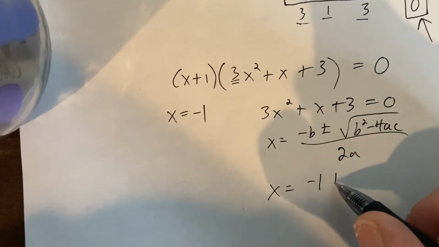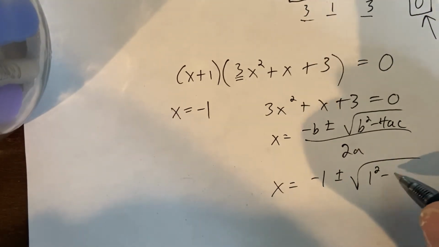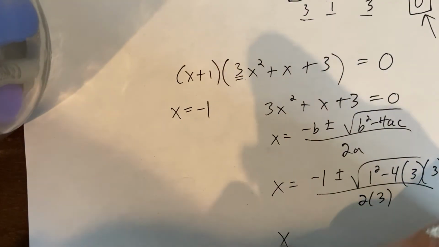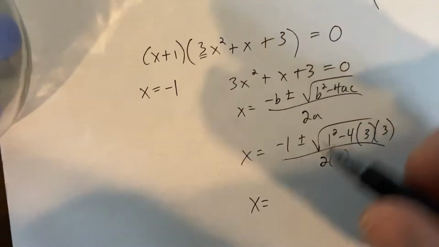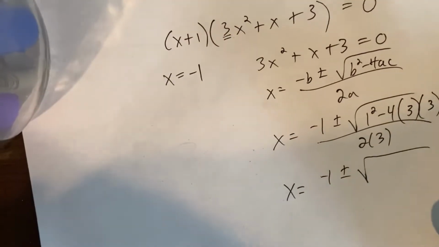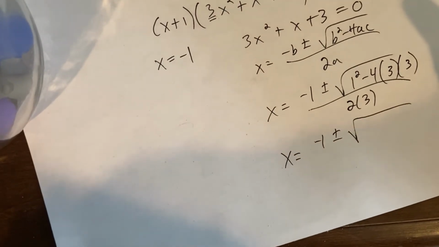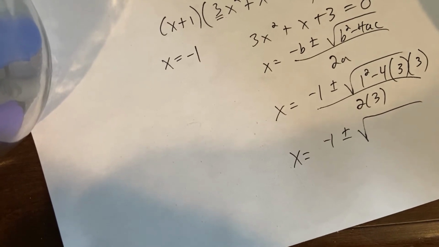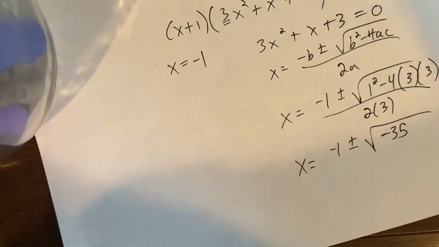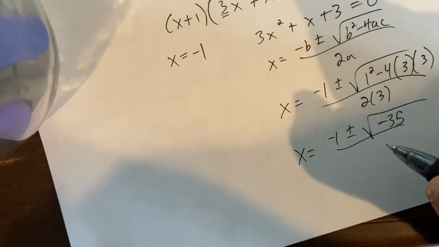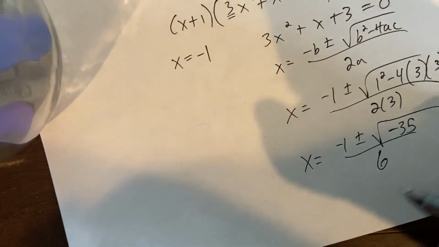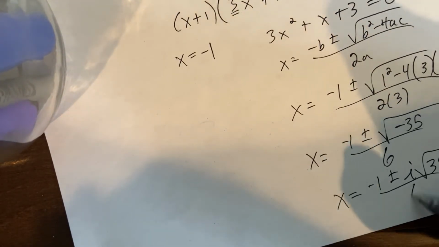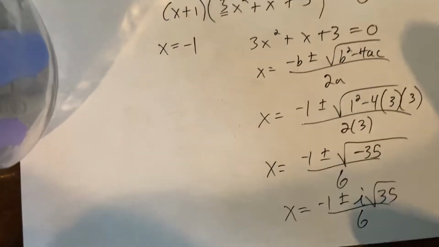That's going to give me -1 plus or minus the square root of 1 squared minus 4 times 3 all over 2 times 3, which is going to give me -1 plus or minus the square root of, let's see, 1 minus 36, -35 under there, which means I have some imaginary roots here. That's going to give me a 6 on the bottom. The only thing I can do here is pull the i out of the -35, and there is no other reducing that I can do there.